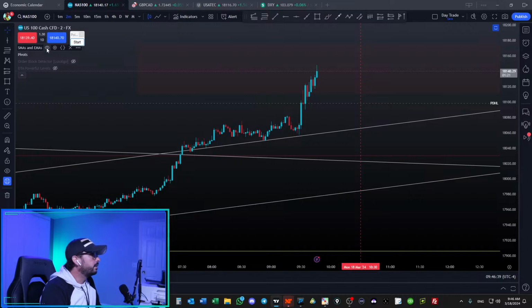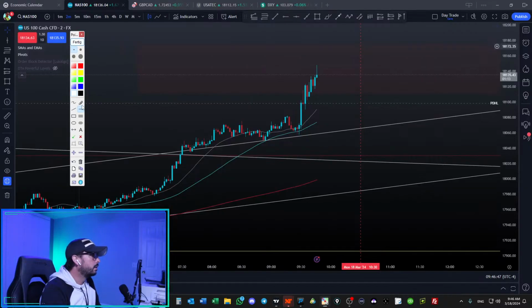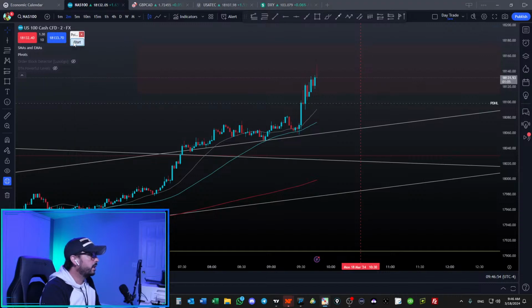For those that like moving averages, let me put some here so you can look at how the price looks. So 200, 250, 21, all simple moving averages. I'm going to take them off because I want to stay without the moving averages for some time.